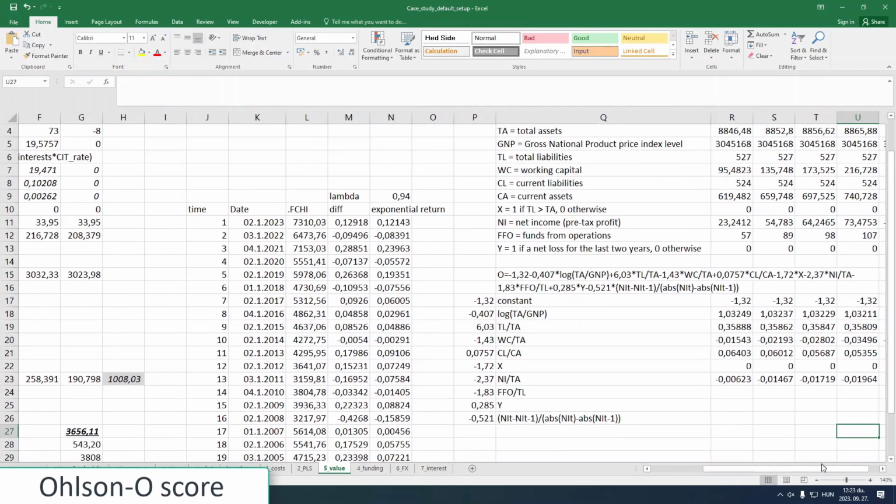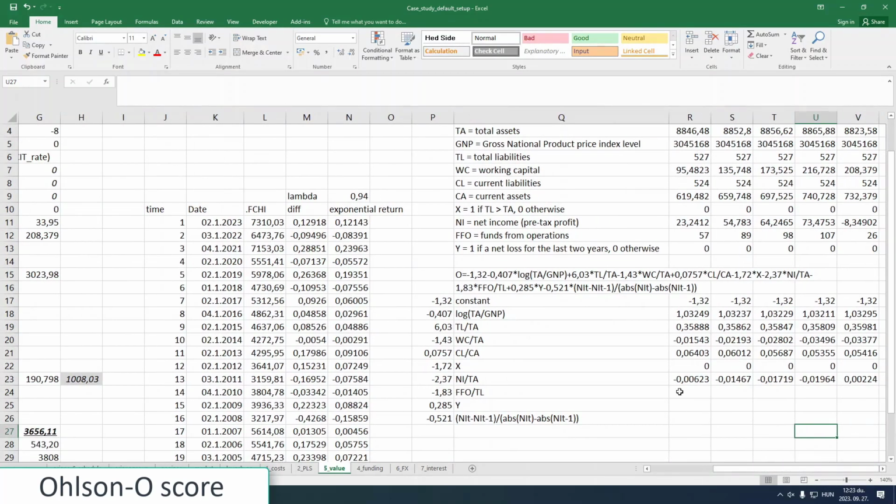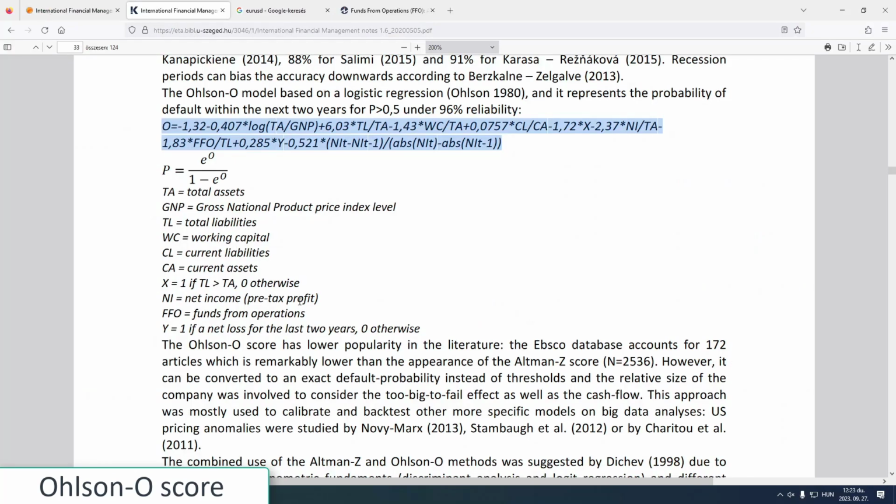Yes, of course. These coefficients which we are multiplying by, what exactly do they represent? So when the Ohlson O-score was created, they were fitting a logit regression on a US publicly listed company dataset.